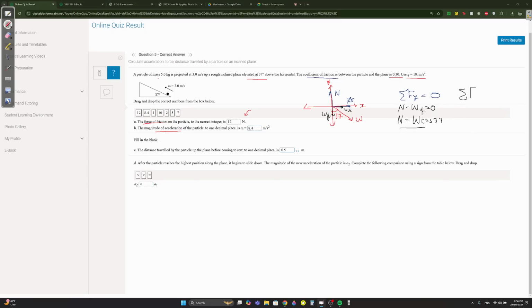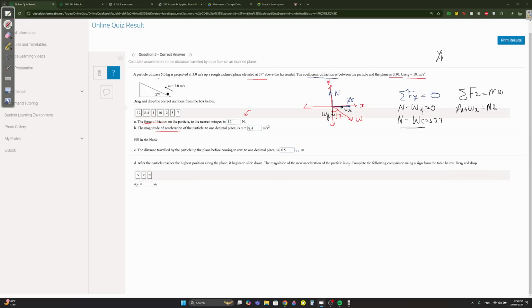So what's our second thing? Our horizontal. And it's accelerating. It's moving to the left, right? So what's it going to be? MA. Sigma Fx is equal to MA. What horizontal forces do I have? I have Fk and Wx. So Fk plus Wx is equal to mass times acceleration. Let's do some substitution.